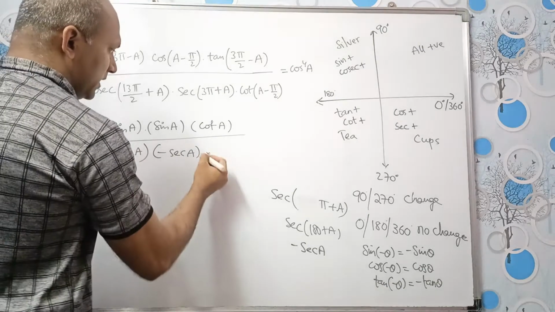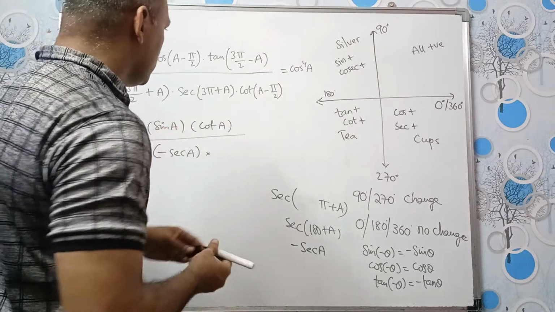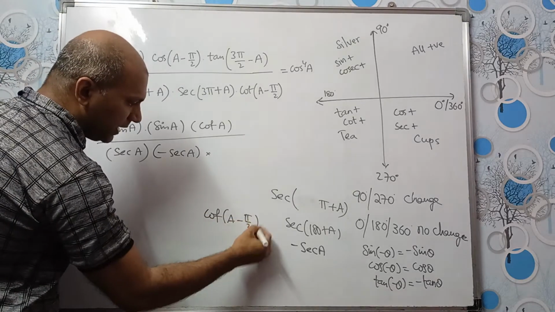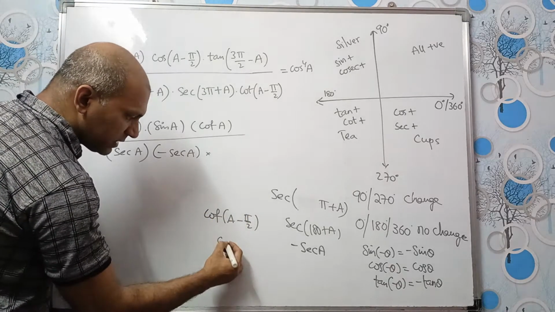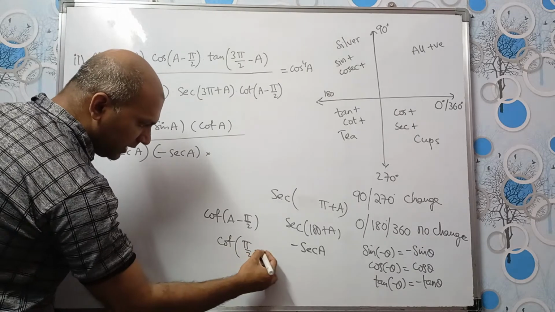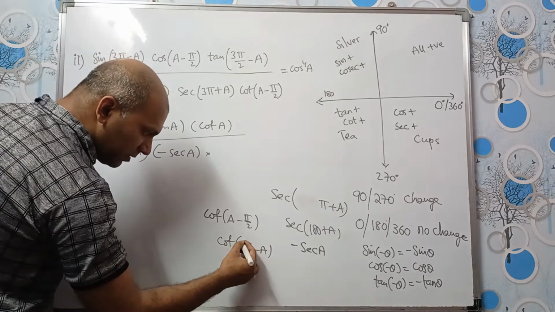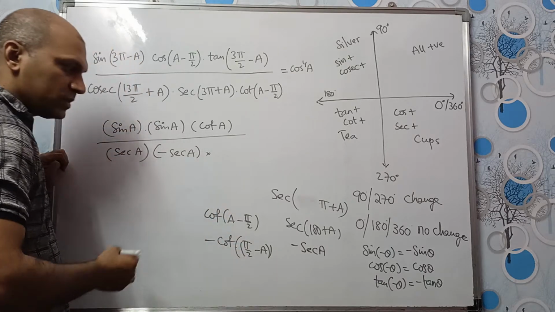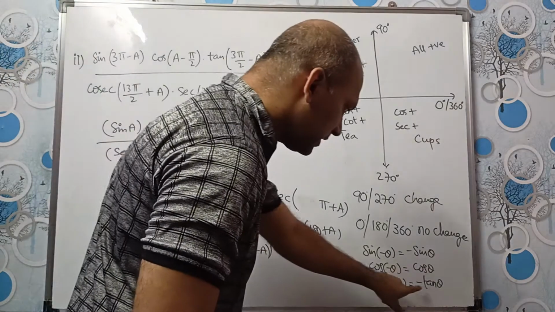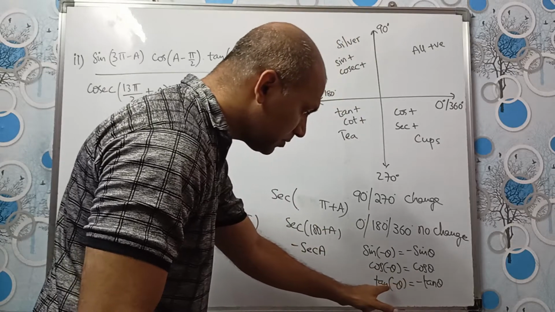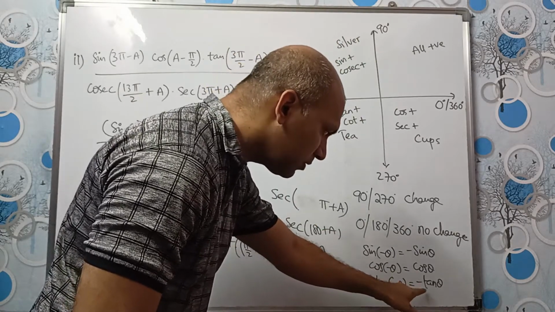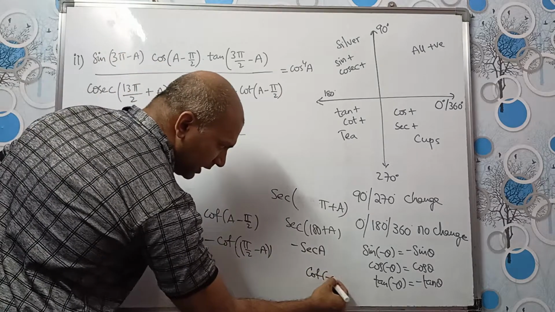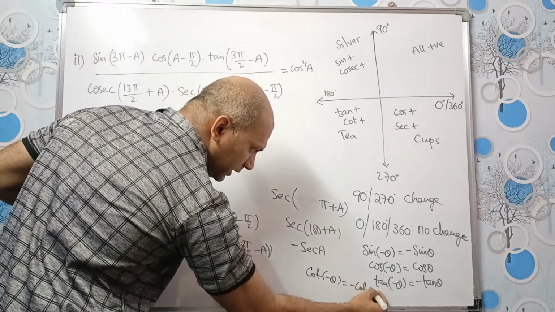Multiplied by cot a minus pi by 2. So if you want to reverse it and write cot pi by 2 minus a, the minus will be common, right? So that minus we can write outside, because tan minus theta is minus tan theta. The reciprocal will be cot minus theta is equal to minus cot theta. Okay, see, cot minus theta will be minus cot theta.